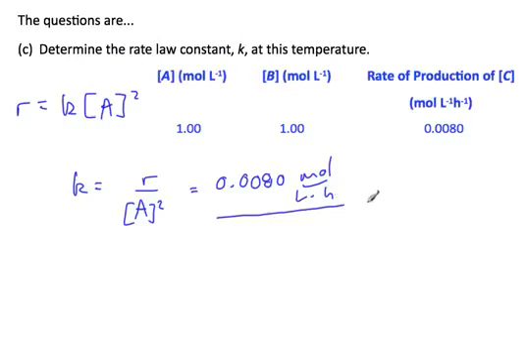Notice this slight difference in the rate unit, moles per liter hour, not moles per liter second, divided by concentration of A squared. So that's 1.0 moles per liter squared. And so when we do the math on that one, that equals, well, 0.0080 as the number.